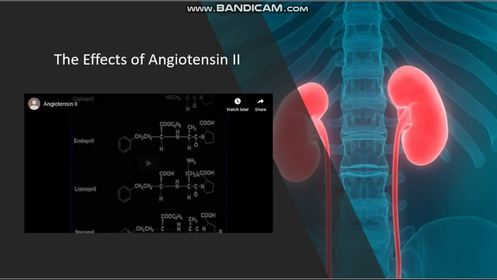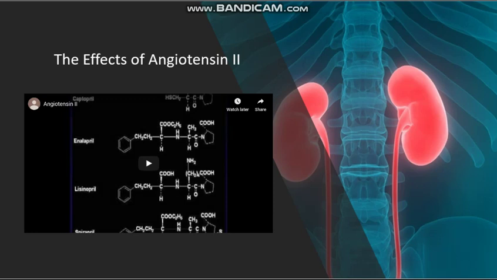So as we'll see now, we'll get a brief overview of this RAS angiotensin system. How does angiotensin II work, and how does the angiotensin converting enzyme work, and how does that play into the medical necessity of needing patients to have a lower blood pressure.